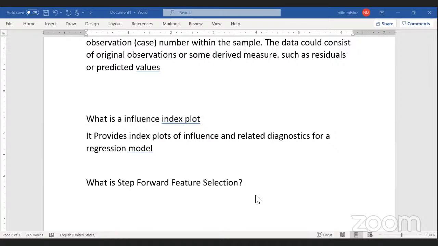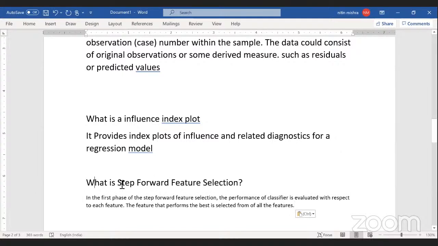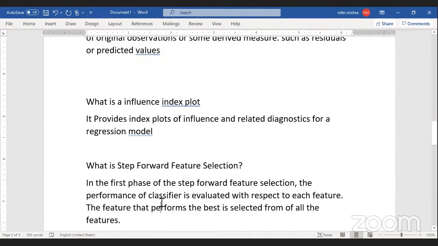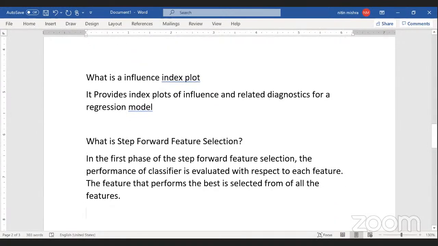The feature that performs the best is selected from all the features. This is the first phase.